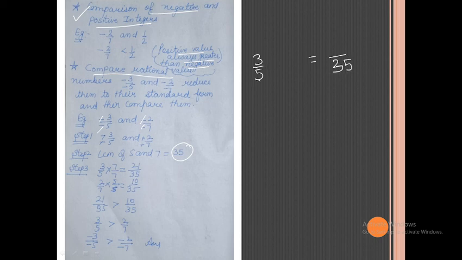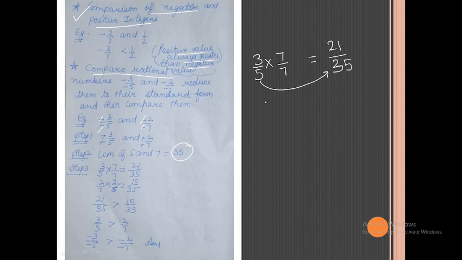The denominator of the original value, that is 5, we divide the LCM by it, we get 7, and multiply both numerator and denominator by 7, we get 21.